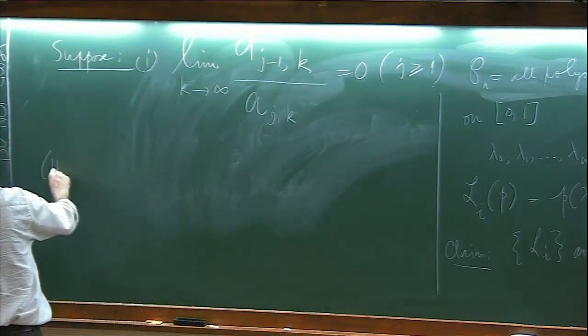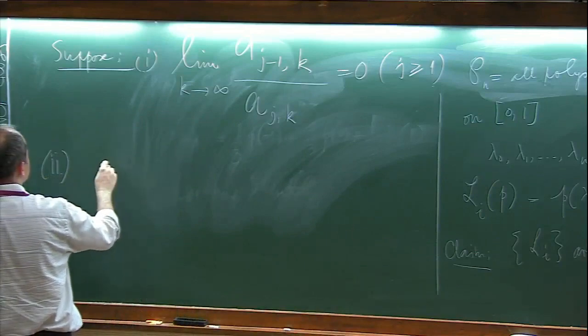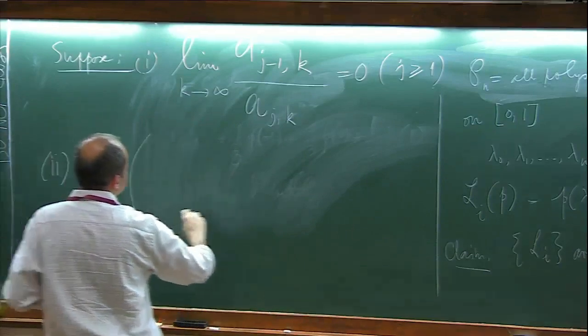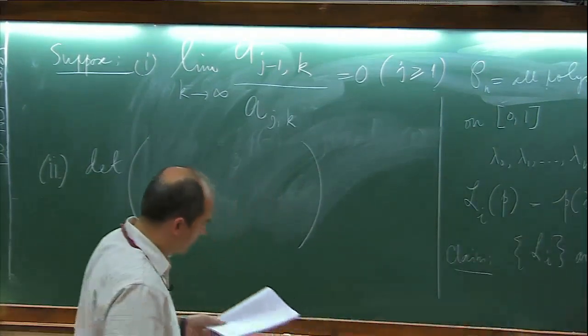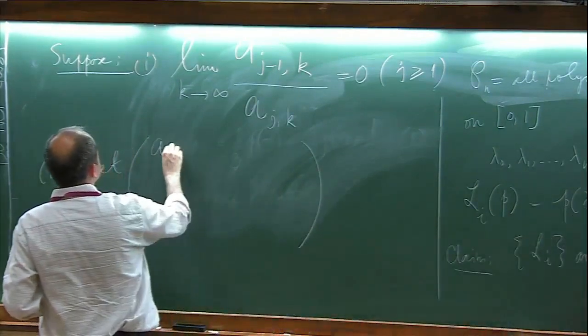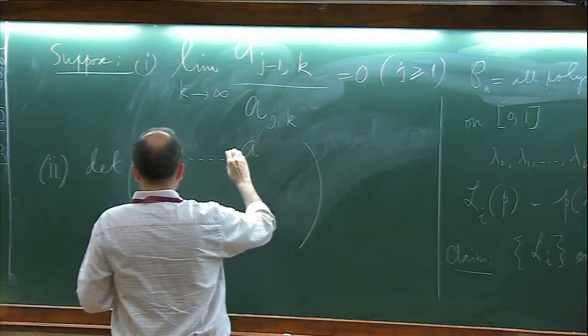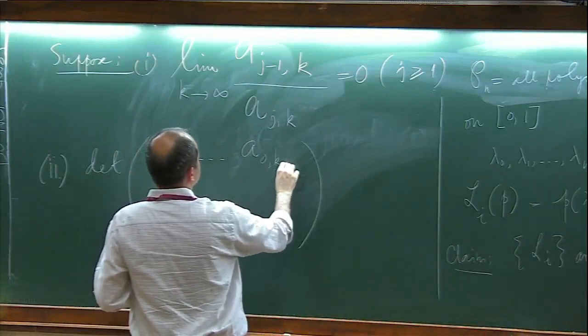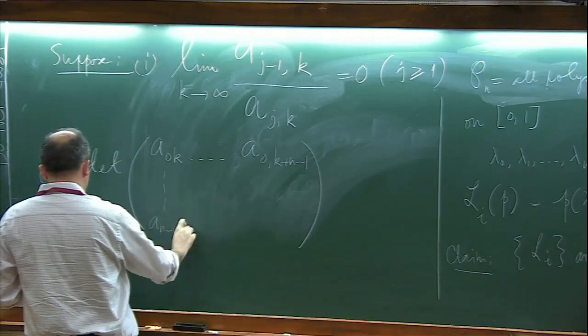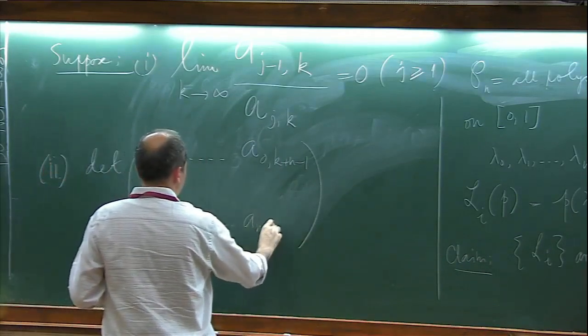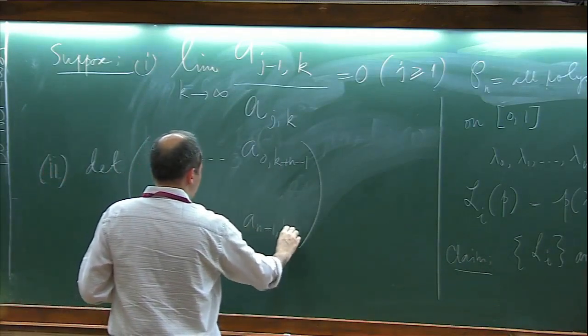And secondly, let's look at the determinants of the minors in that infinite array. Look at the determinant of the matrix with rows a 0 k, up to a 0 k plus n minus 1, through a n minus 1 k, up to a n minus 1 k plus n minus 1.